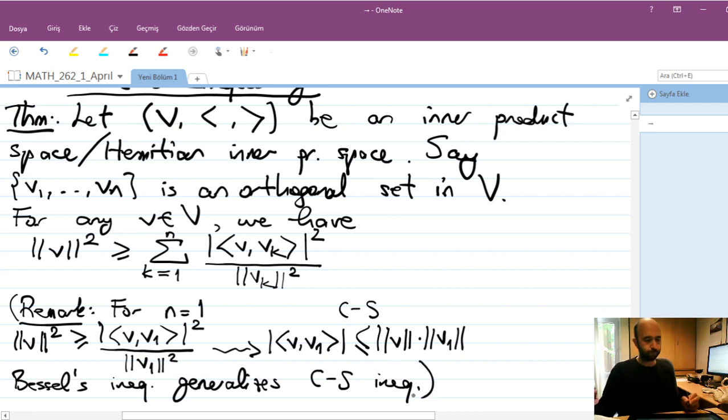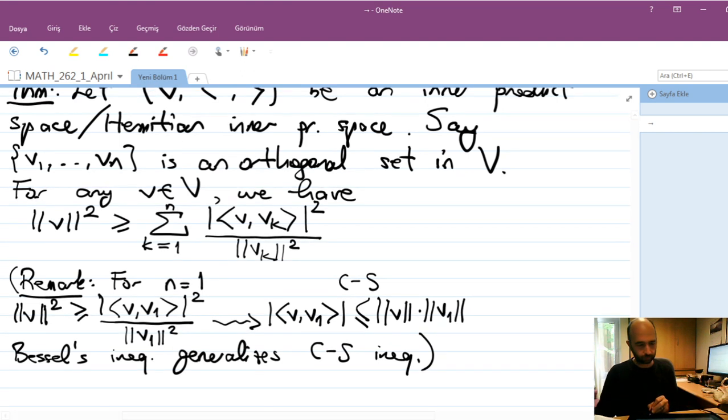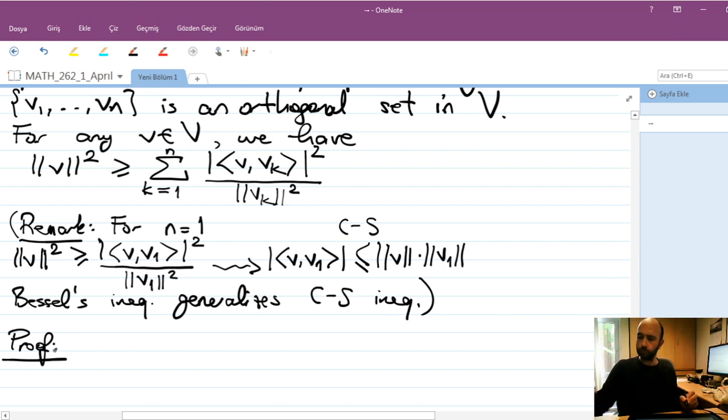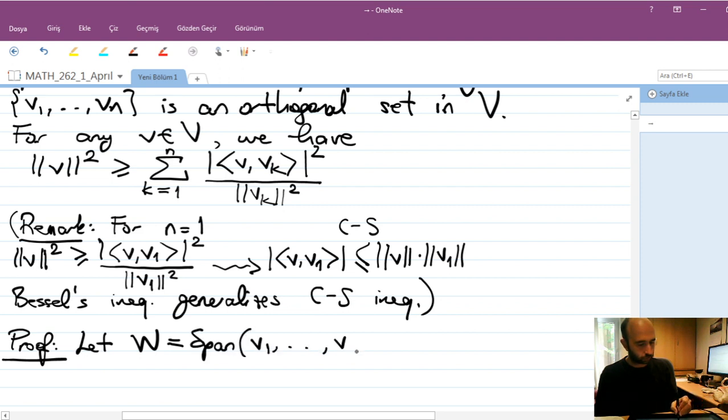Okay. Now how to prove it? Well, we just have to refer to our orthogonal projection formula. So orthogonal projection to where? Let W be simply the span of these orthogonal vectors, the span of v1 up to vn.